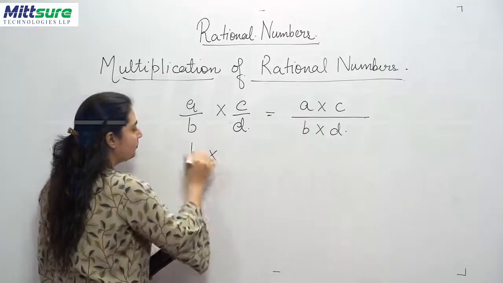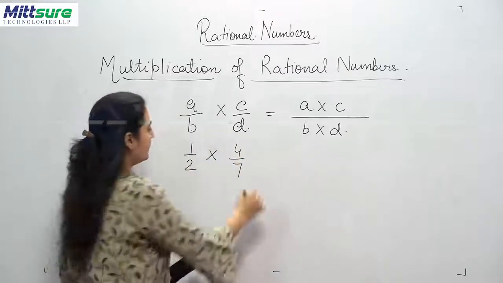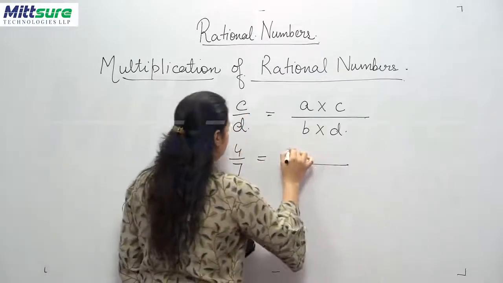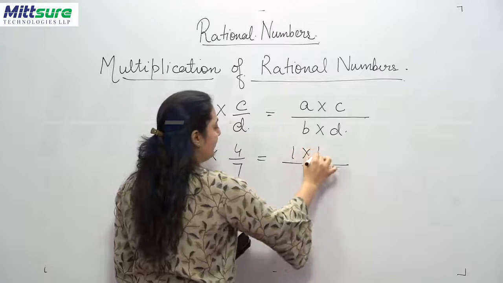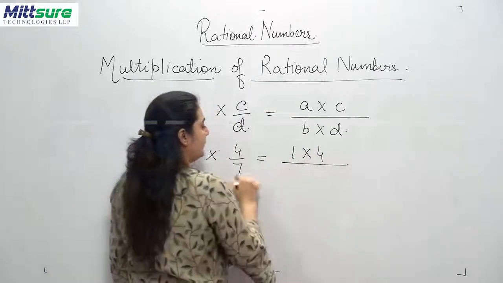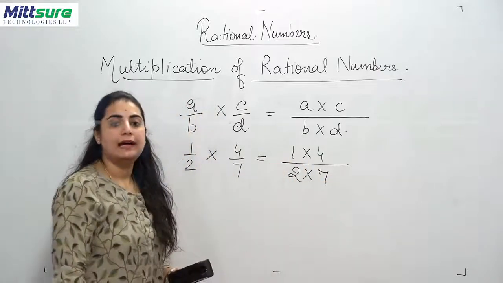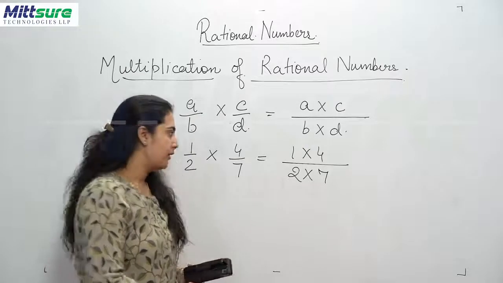1 upon 2 multiplied by 4 upon 7. The numerator will be multiplying the numerator, that is 1 multiplied by 4. Then the denominator will be multiplying the denominator, that is 2 multiplied by 7.